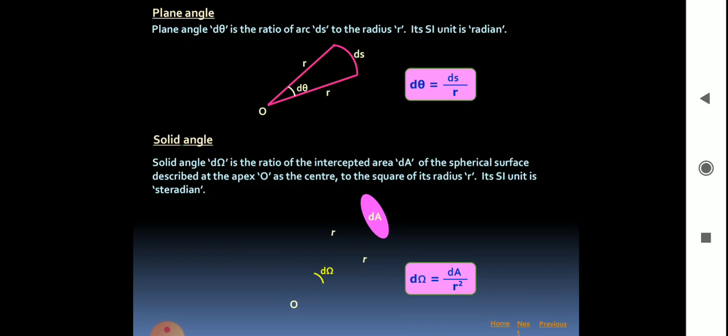Its SI unit is steradian. Students, you have to refer to your notes for the diagram.